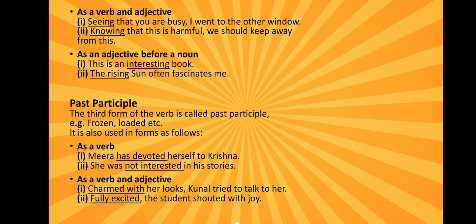So next is as a verb as well as an adjective. Charmed with her looks, Kunal tried to talk to her. Fully excited, the student shouted with joy. Charmed as well as excited, these two are past participles. Here they act as a verb as well as an adjective.